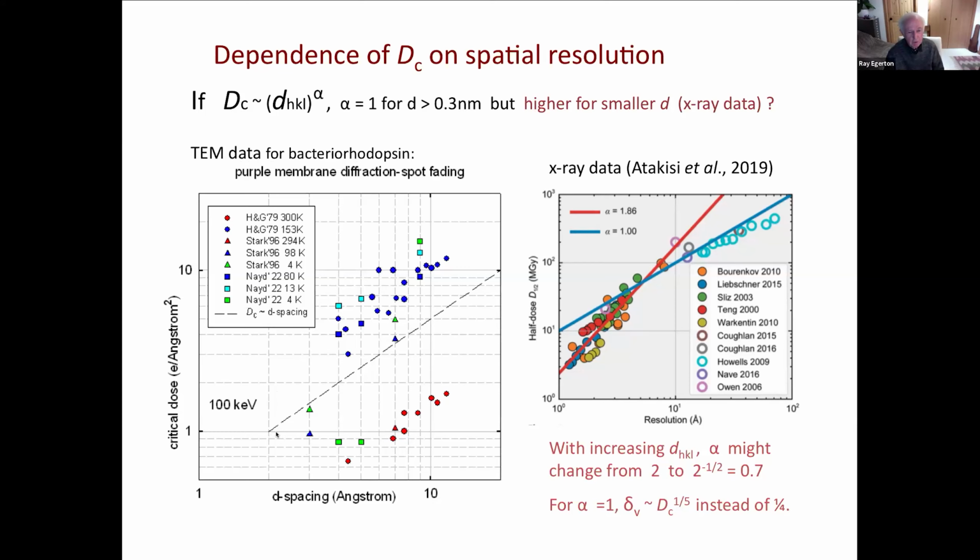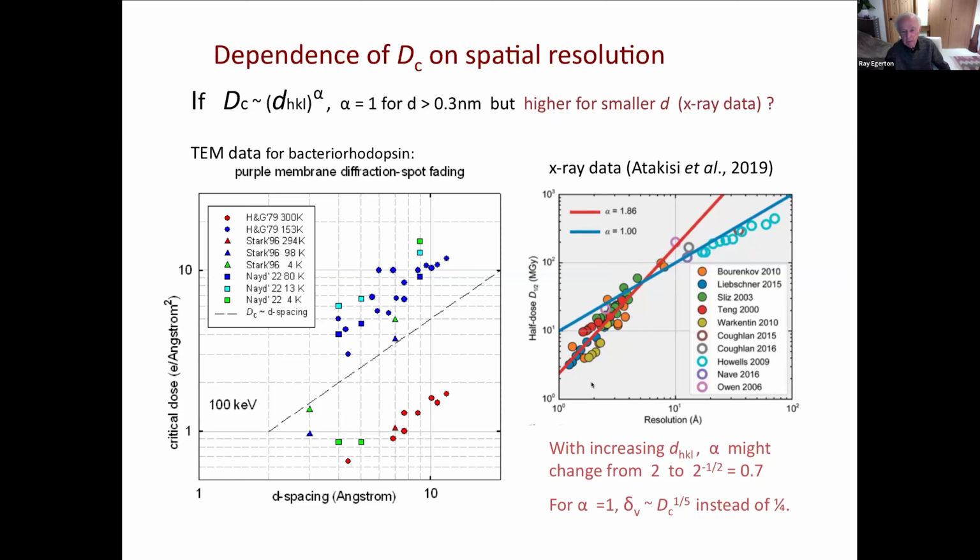And if you plot this characteristic dose versus the d-spacing corresponding to those straight plots, you get a straight line, implying that this characteristic dose is proportional to resolution or d-spacing to the power of 1. Some X-ray measurements imply that for really good resolution, small d, this exponent is closer to 2.